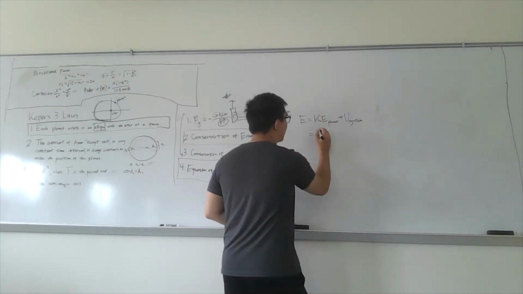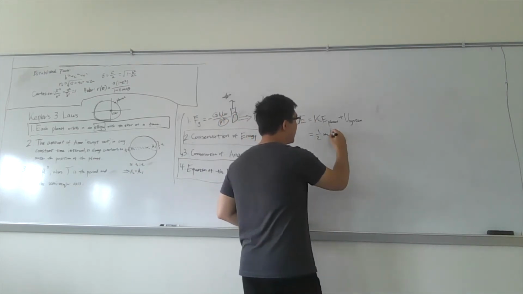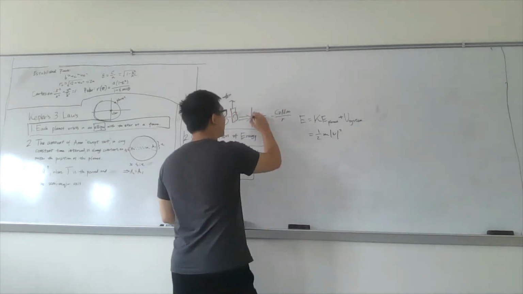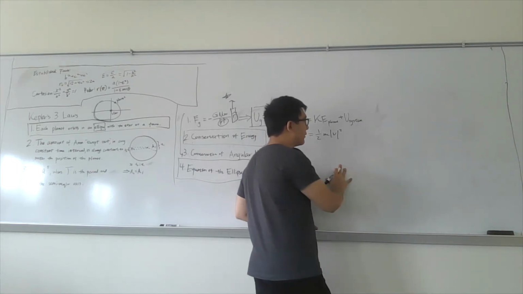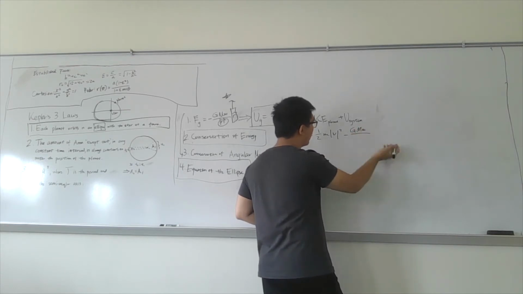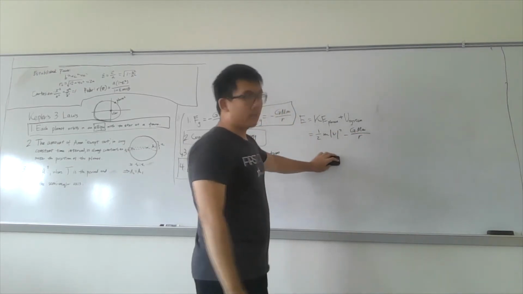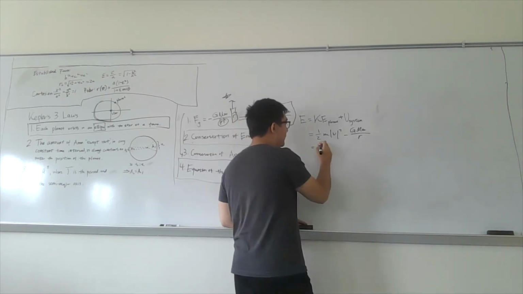The kinetic energy of our planet is simply given by this, and the potential energy for the system is simply negative G times the mass of the star times the mass of the planet divided by r. We can then rewrite this again as this.